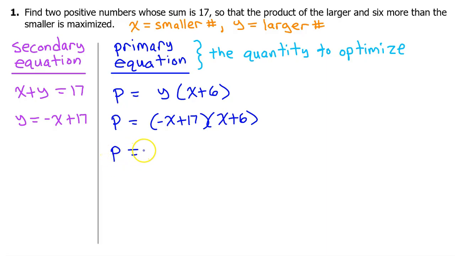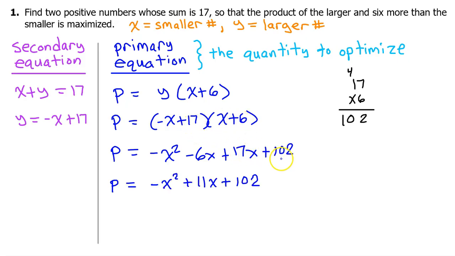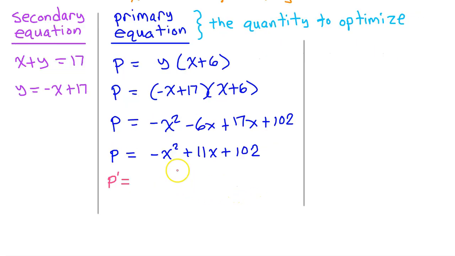So p is equal to negative x times x is negative x squared. Negative x times 6 is negative 6x. Inner, we have the 17x, and 17 times 6 is 102. Combining the like terms in the middle, we have p equals negative x squared plus 11x plus 102.